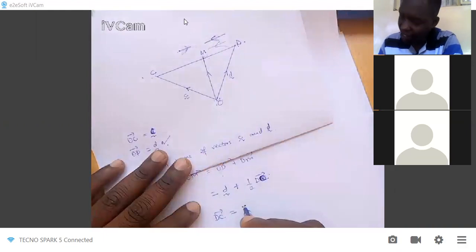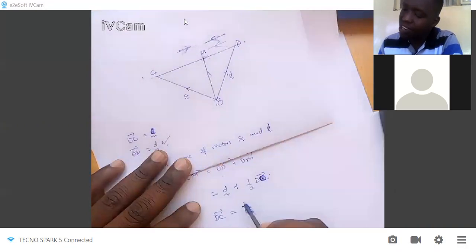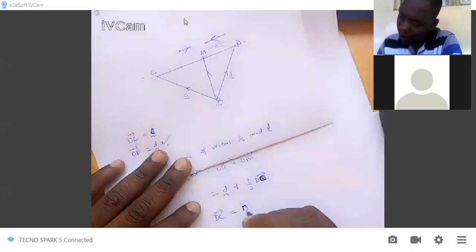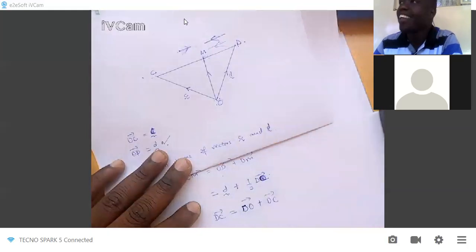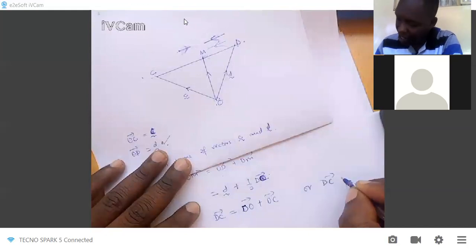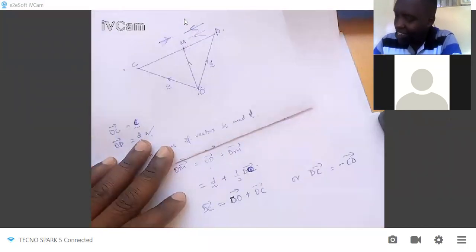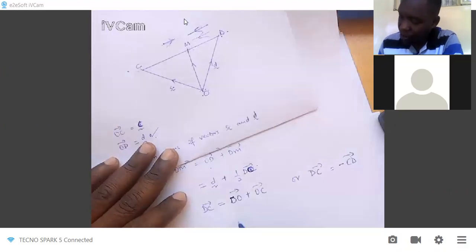Negative D plus C. We can say it is DO plus OC, isn't it? Or someone can say DC is negative CD. Also, that one works, isn't it? So let us first go with this first one.